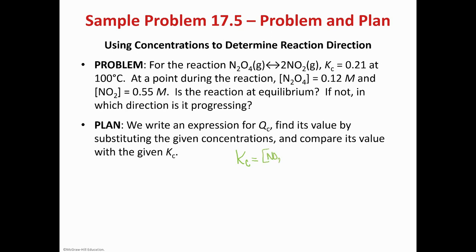NO2 concentration squared over concentration of N2O4. Okay, and this equals 0.21. Okay, at a certain point during the reaction, N2O4 concentration is 0.12 and NO2 is 0.55. And so the question is, are we at equilibrium? And if we're not, which way is it going to shift to get to equilibrium?